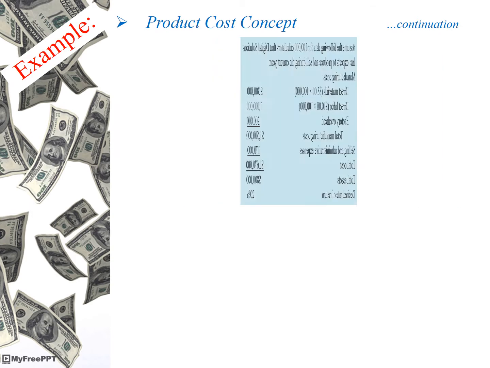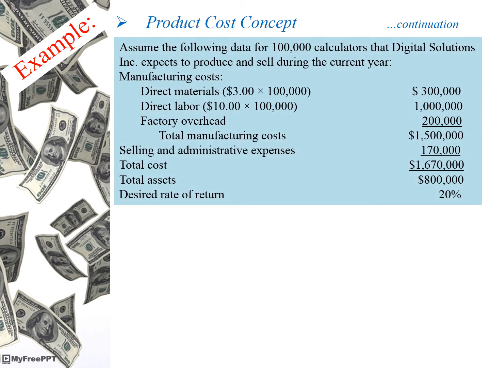To illustrate the product cost concept application, let us assume the following data for 100,000 calculators that Digital Solution Incorporated expects to produce and sell during the current year. Manufacturing costs are direct materials, $3 times 100,000 calculators equals $300,000.